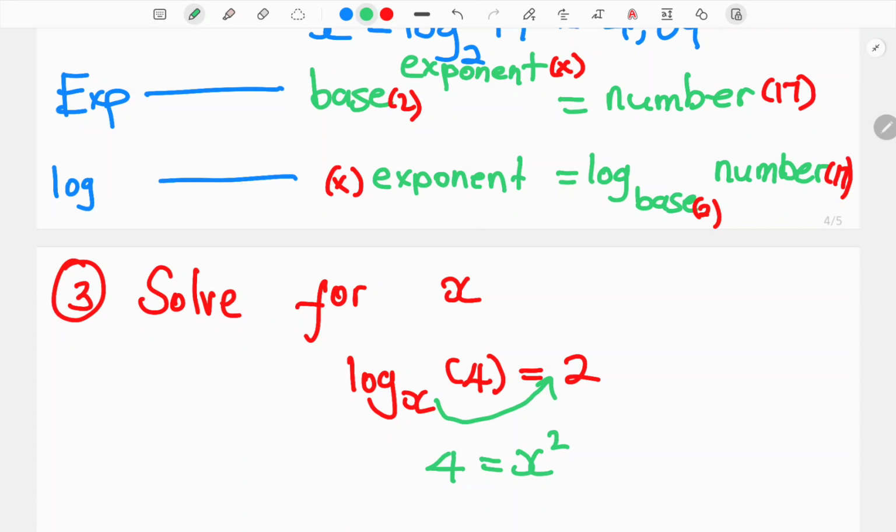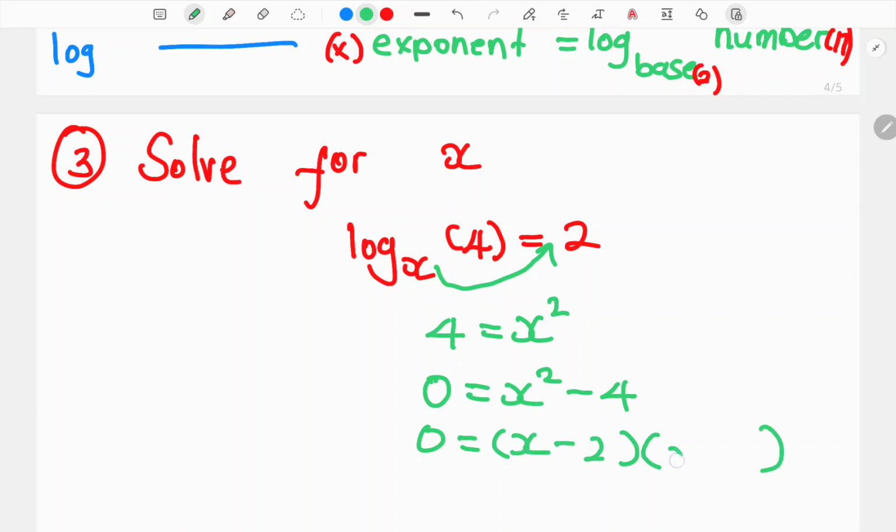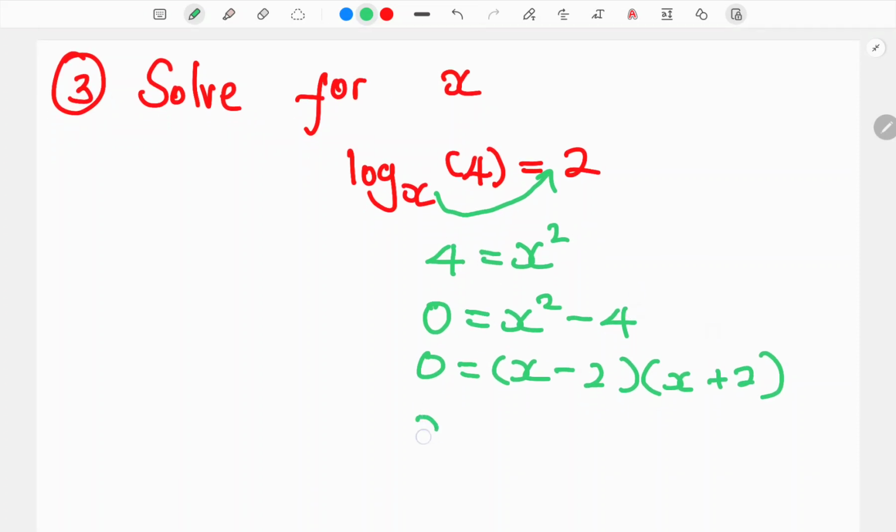It's not complex, it's very, very easy. Then how do we solve for x in this case? We could say 0 equals x squared minus 4, and then 0 is equal to a difference of two squares. This is how you could solve for x: x is equal to 2, or x is equal to minus 2.